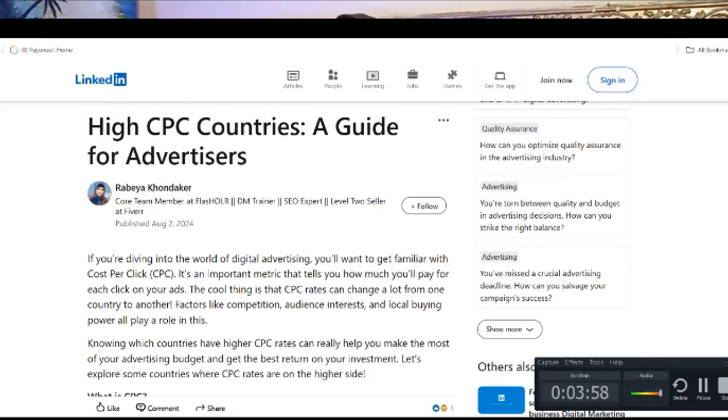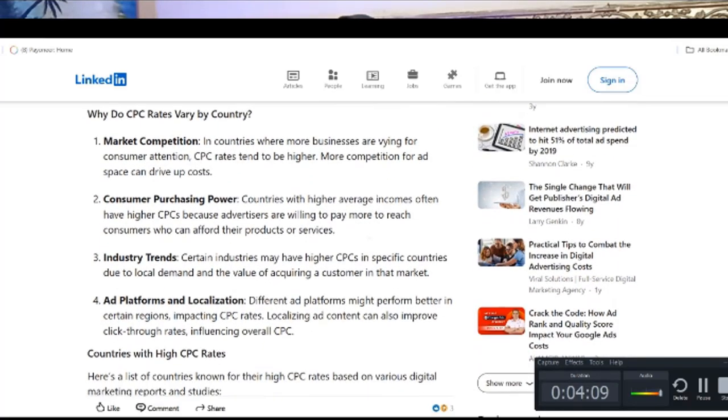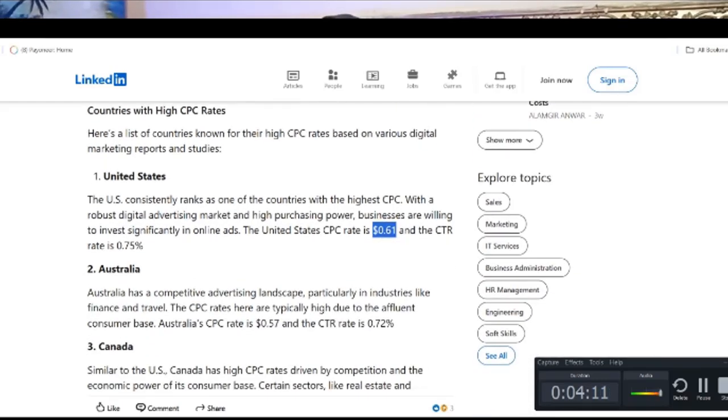It means how much advertisers pay you for each advert that runs on your content. Let me go deeper and show you some countries that pay high CPC, meaning for each ad that runs on your video, how much they pay you.